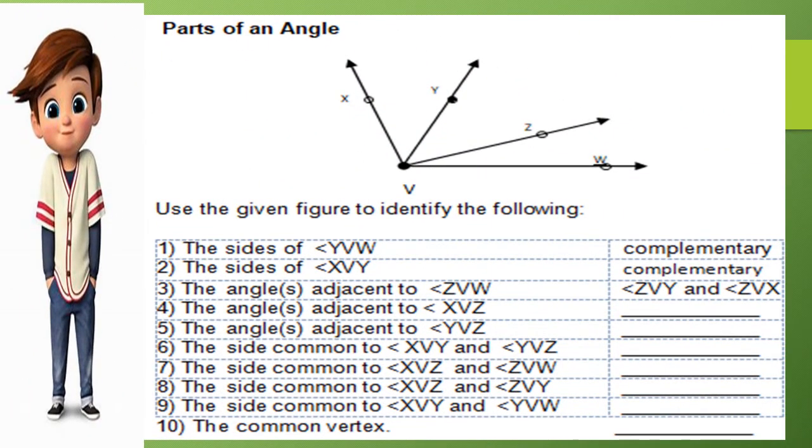Parts of an angle. Use the figure to identify the following. Number 1. The sides of angle YVW is complementary angles. How about the sides of XVY? The same, complementary angles. Number 3.